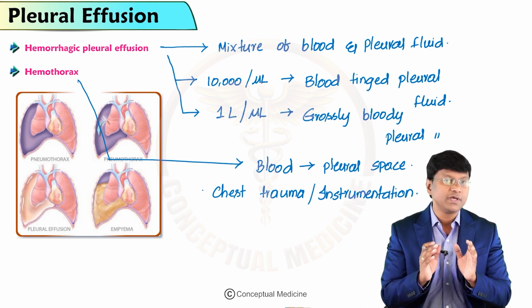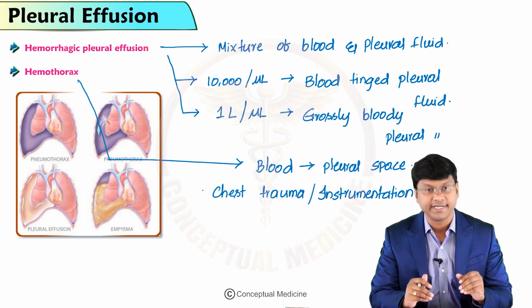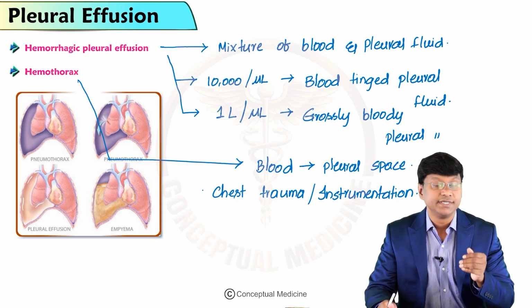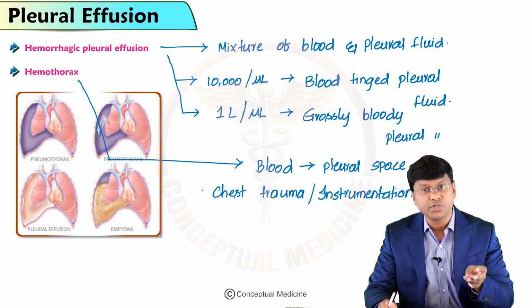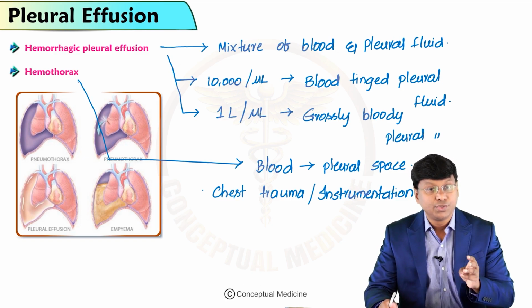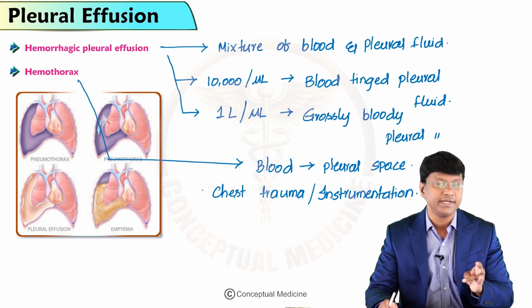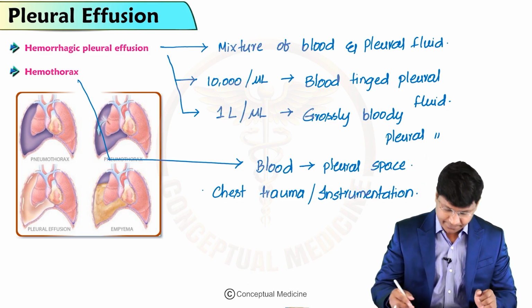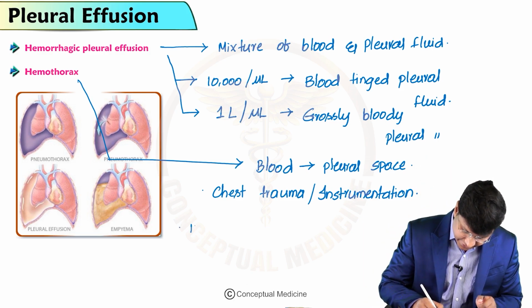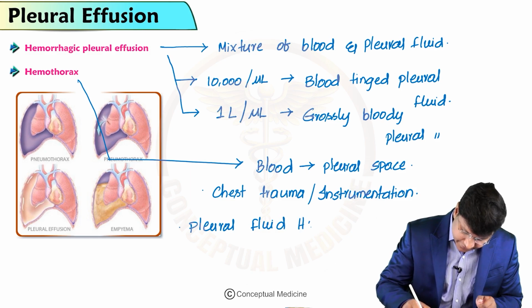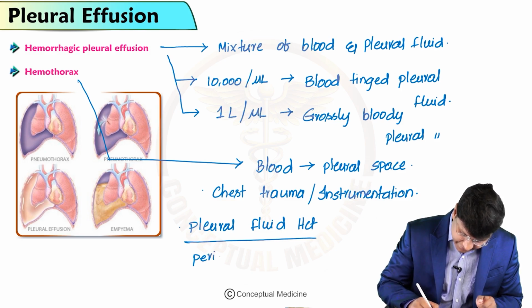Now, we also have a criterion to call it a hemothorax. It is defined as the ratio of the pleural fluid hematocrit to peripheral blood hematocrit being more than 0.5.